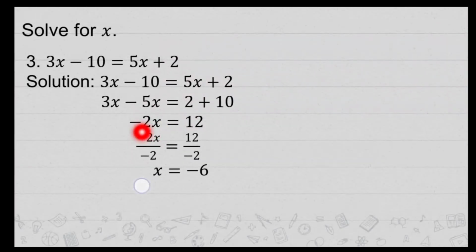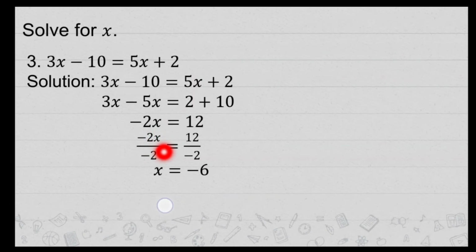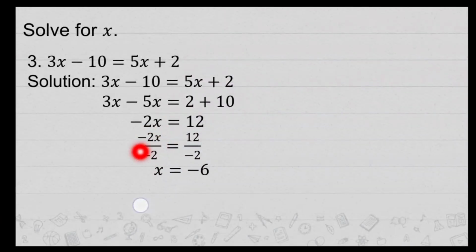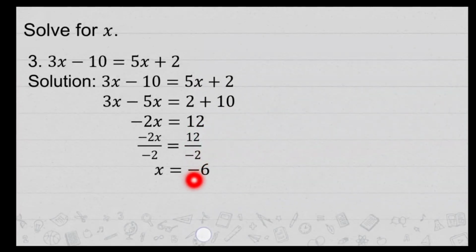Therefore, divide both sides by negative 2. So, negative 2x divided by negative 2 is equal to 12 divided by negative 2. So, x is equal to negative 6. Therefore, our solution is negative 6.